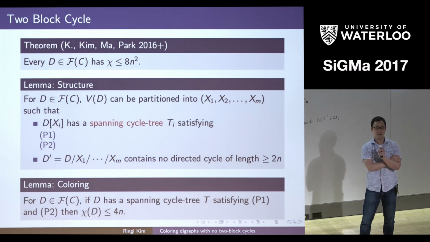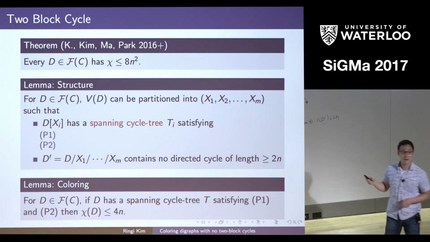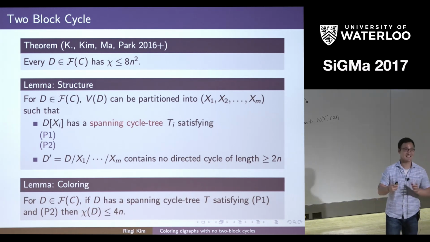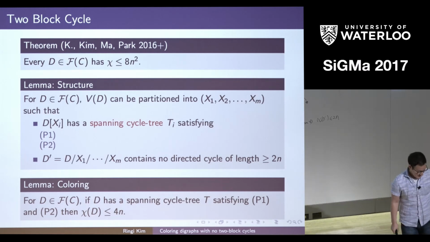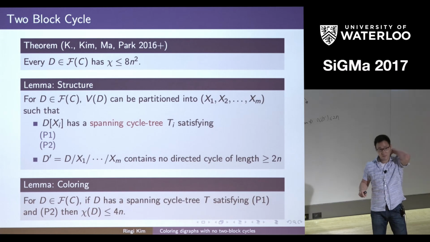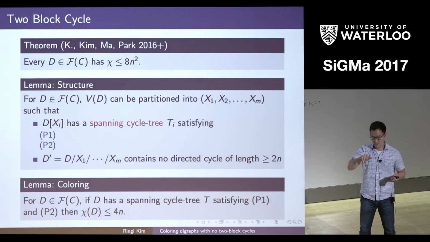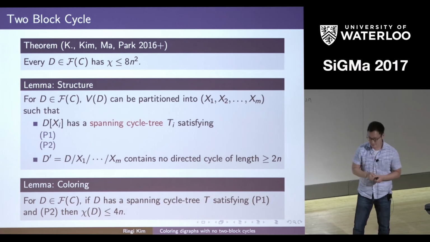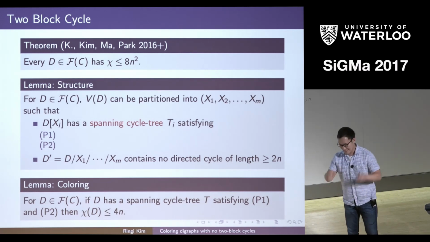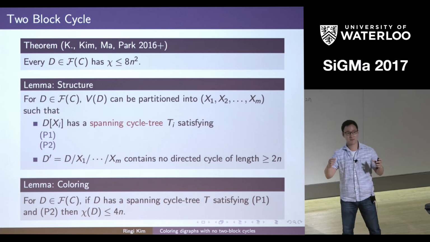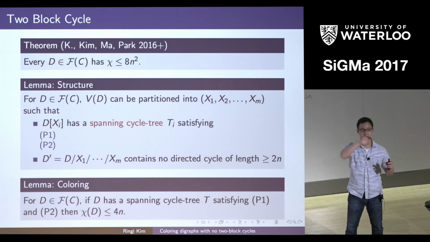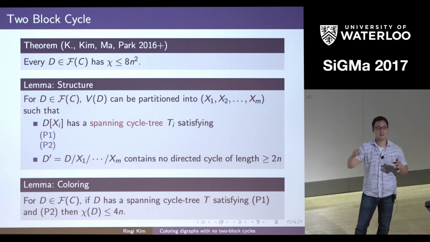So there is an example? Yes. If you consider a B-blocking cycle, which means an oriented cycle consisting of maximal B directed paths, it is also known that there exist digraphs with large chromatic number but not containing any B-blocking cycle. So we only consider strong digraphs.